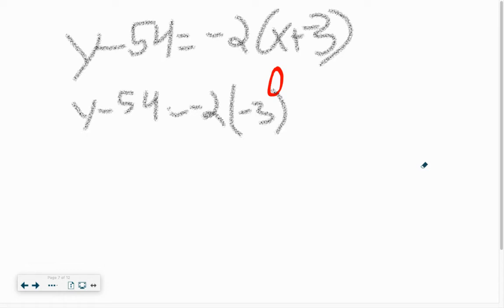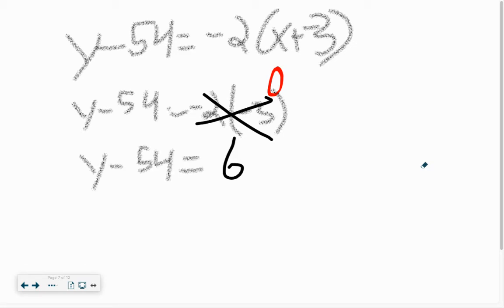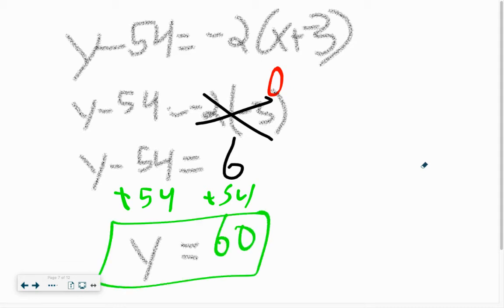Cross these guys out. -2 times 3 gives me -6. So I got y minus 54 equals -6. So then I would go plus 54, and look at that. My y-intercept is at 60.